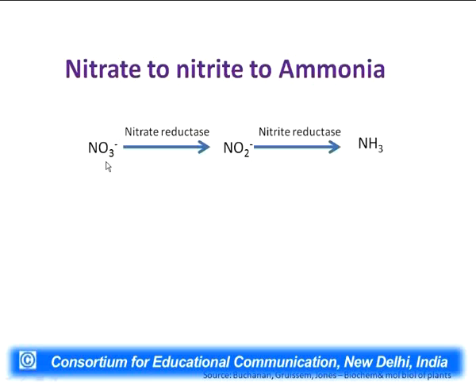There is an enzyme called nitrate reductase, or in short NR, that converts nitrate into nitrite. This nitrite converts into ammonia by nitrite reductase. So, this is a two-enzyme reaction process.